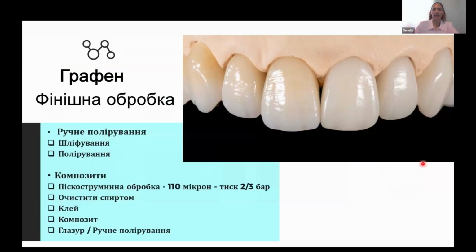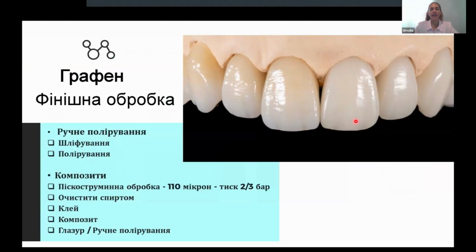Here you can see the 2 different finishes. On the left hand, you can see the staining, and on the right hand, only polish. As you can see here, we can provide different aesthetics. If my patient wants white teeth, with manual polishing I'm going to obtain a really nice and very natural aesthetic, only with the polishing.